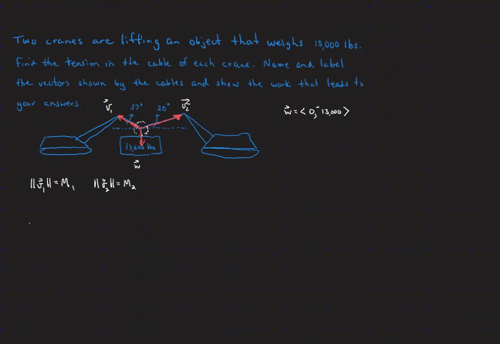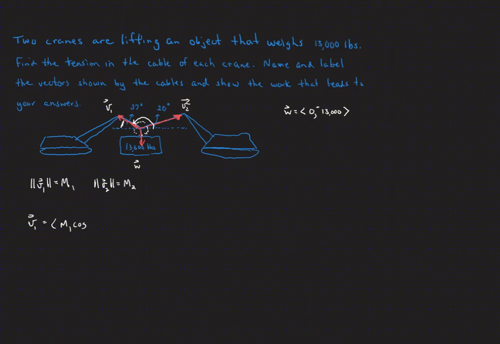So in its components, our vector V1 is going to be its magnitude, which is M1, times the cosine of its direction angle. Now remember, vector V1, we can see that this little angle in here is 37 degrees, but the direction angle for V1 is going to come from the positive x-axis counterclockwise to that point.